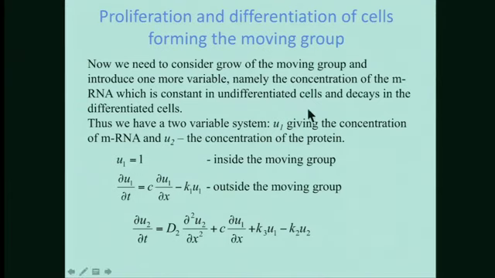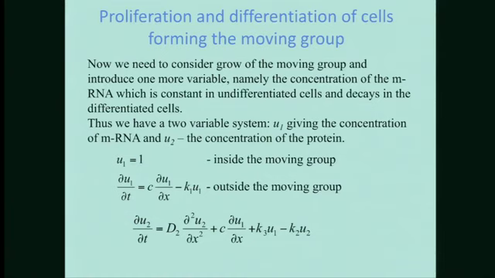So what we can say is that, again, due to proliferation, the size of moving cells should increase. Due to differentiation, something else should happen. For example, if this group of cells were producing some morphogen, then after differentiation they should stop producing.